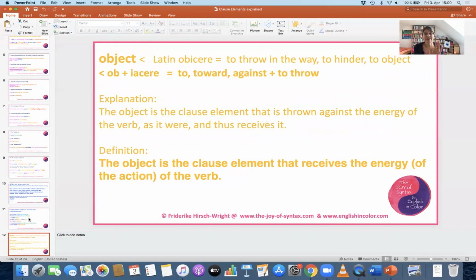So it's thrown against the element, thrown against the energy, or it throws itself into the path of the energy of the verb. So in an active voice sentence, the subject sends out energy in some shape or form, and in transitive verbs, the energy hits an object. So the object is the clause element that receives the energy of the action of the verb.